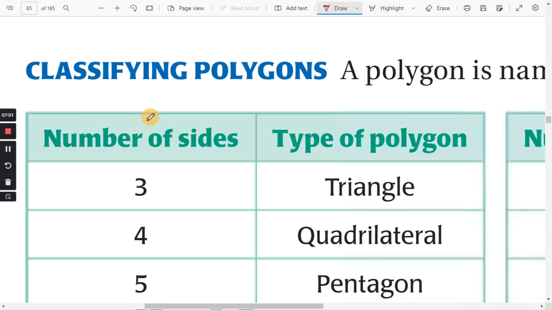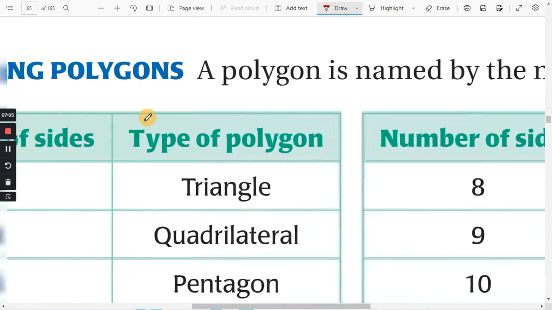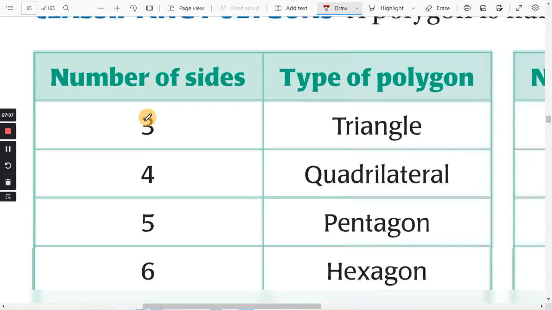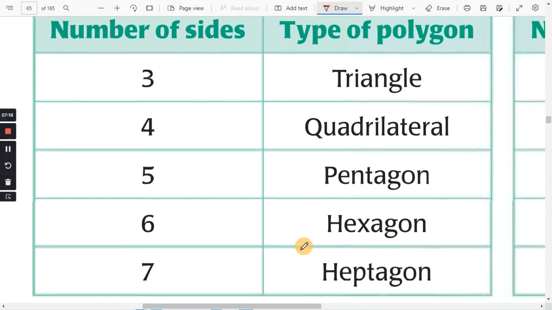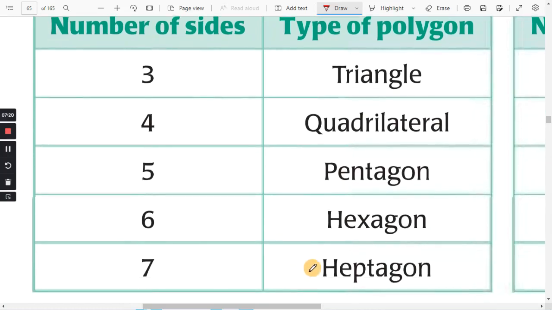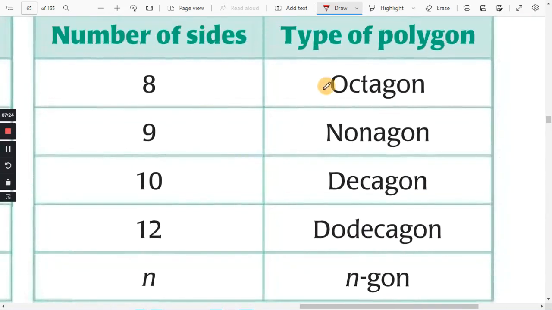All right, classify polygons. A polygon is named by the number of its sides. Let's take a look. All right, so we have this chart here. 3 sides is a triangle. 4 is a quadrilateral. 5 is a pentagon. 6 is a hexagon. 7 is heptagon. 8 is octagon. 9 is nonagon. 10 is decagon. 12 is dodecagon.